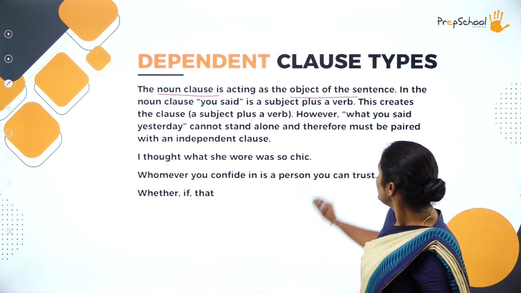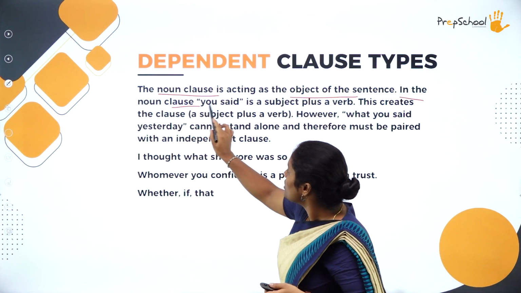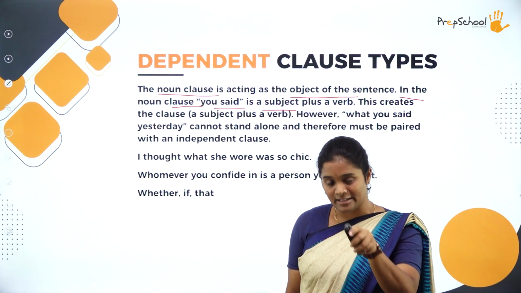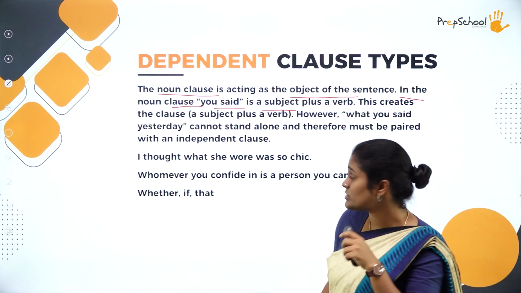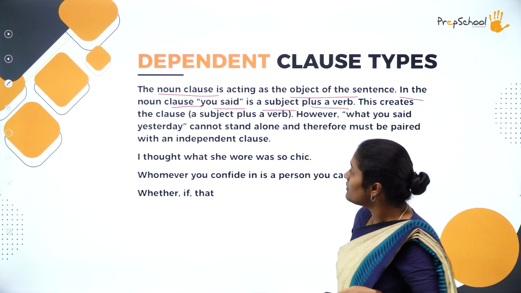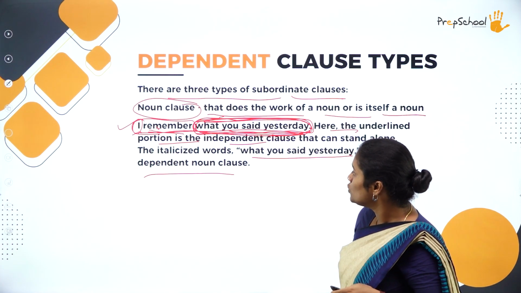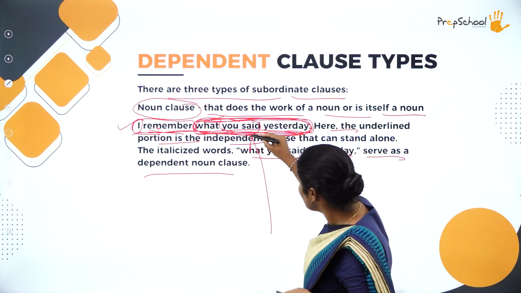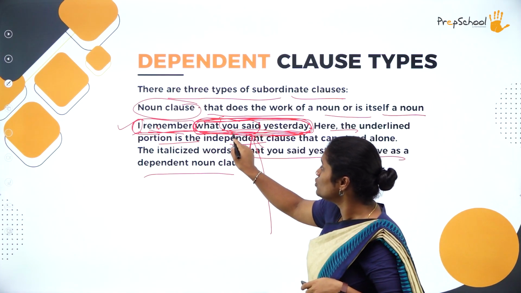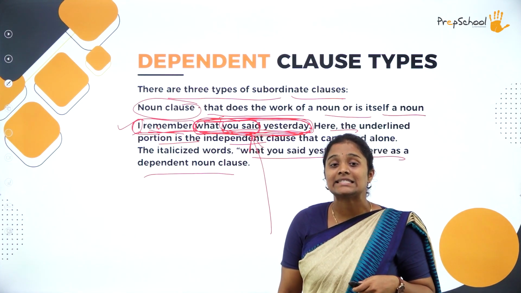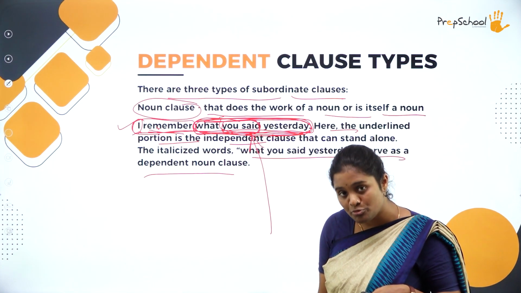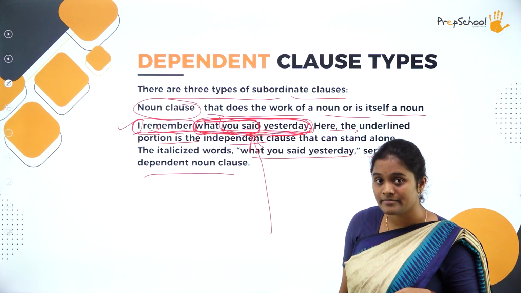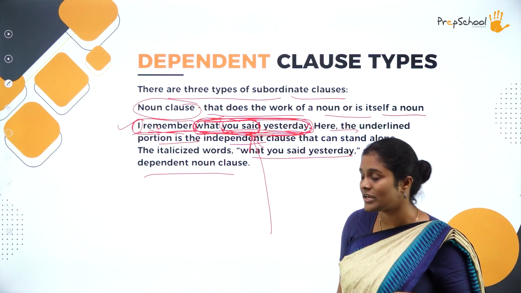Next, moving forward. In the noun clause, you said: you is a subject, and said is a verb. If you go back, you said over here, this one. What you said over here is a subject and a verb, but this whole thing over here is an object. The noun clause is acting as an object.